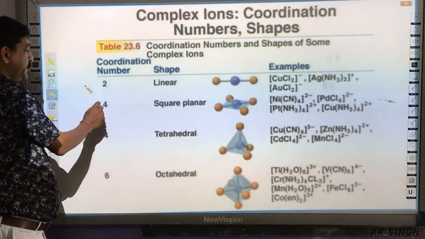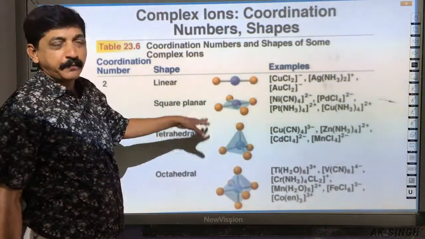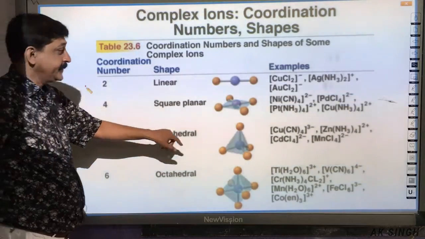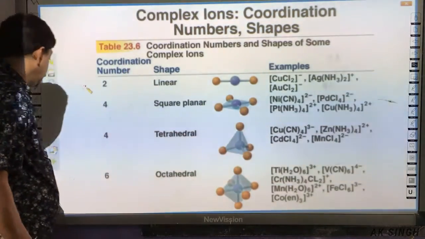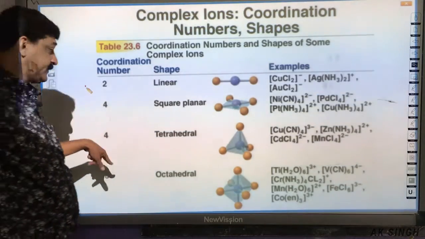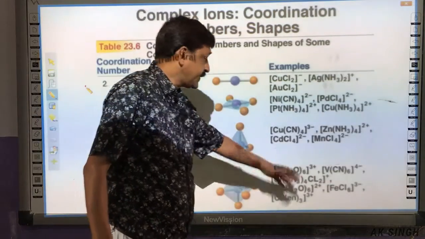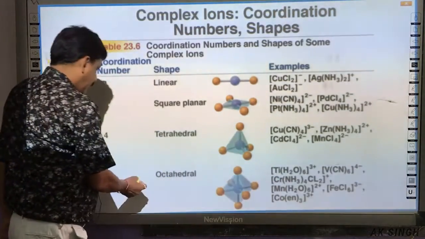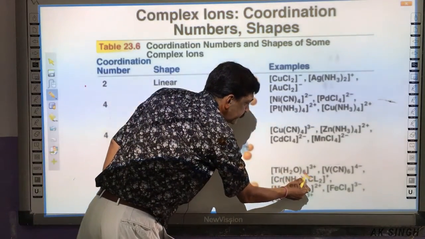When the coordination number is 4, the shape of the complex is square planar or tetrahedral. These are a few examples and this is the shape. And if the coordination number is 6, the shape will be octahedral. This is the shape and the examples. For octahedral, just see the coordination number should be 6.